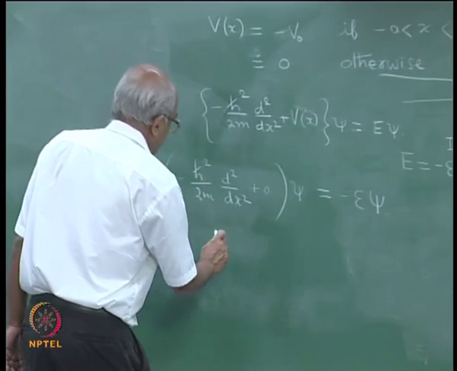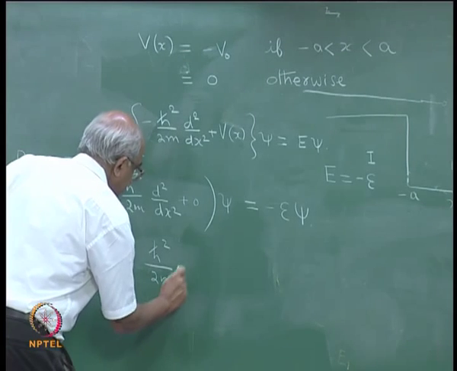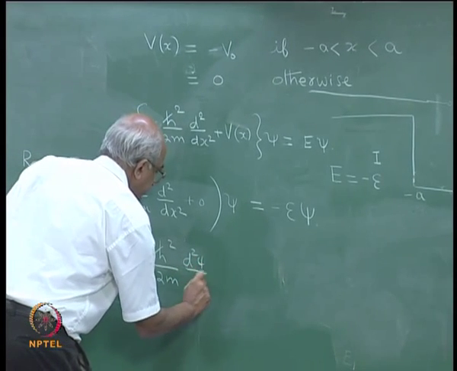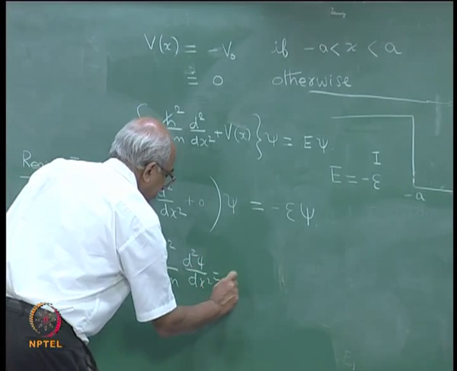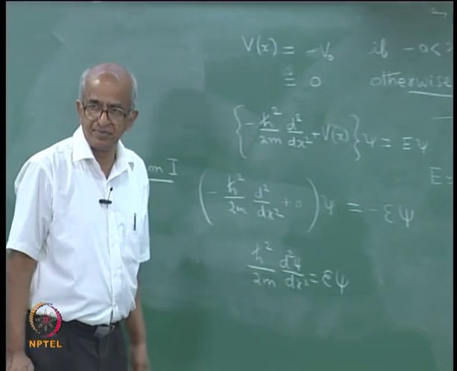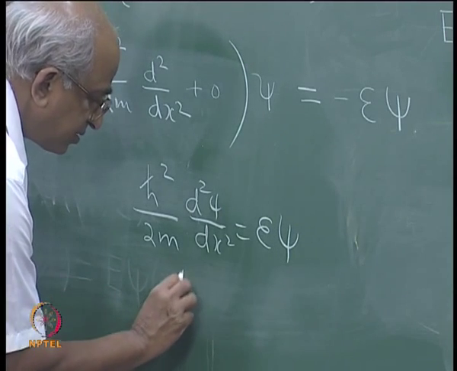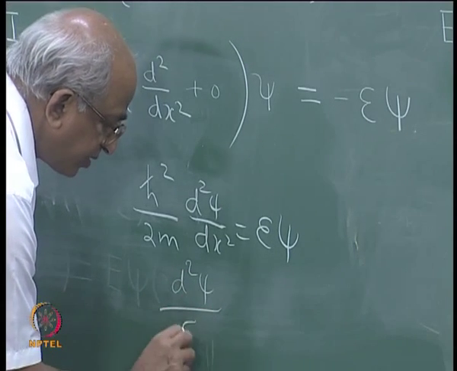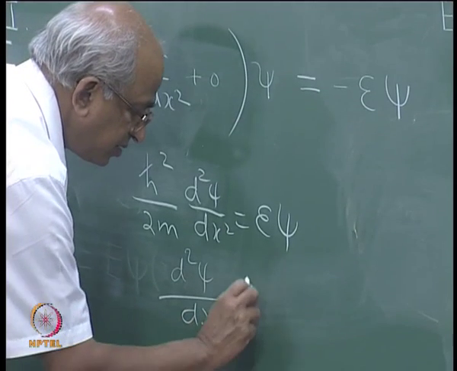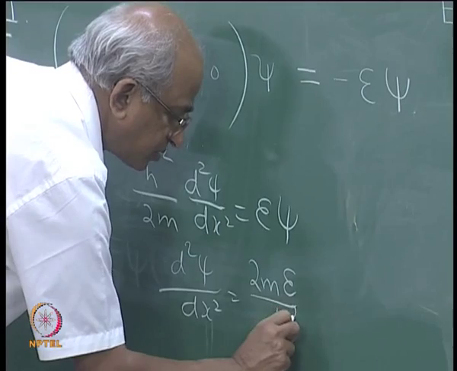And what this effectively means is h cross square by 2 m d square psi by dx square is equal to epsilon psi, where epsilon, remember, is a positive number. Or you can rearrange this and write d square psi by dx square is equal to 2 m epsilon divided by h cross square psi.